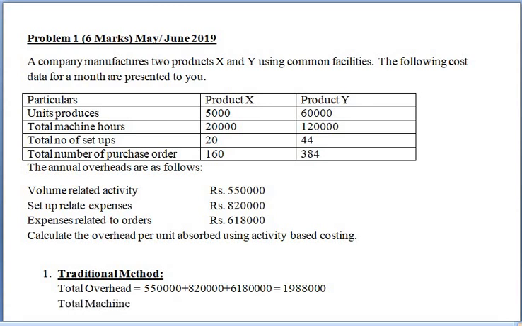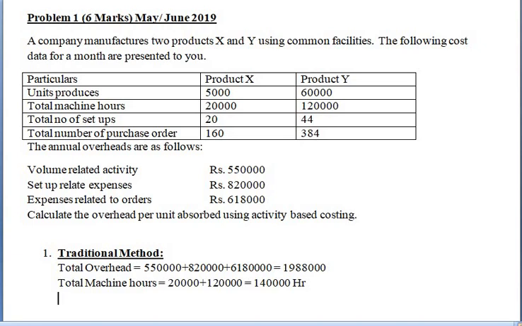Total machine hours equals, for product X 20,000 and for product Y 1,20,000. So 20,000 plus 1,20,000, total machine hours are 1,40,000 hours.